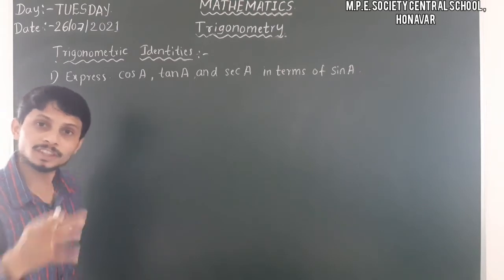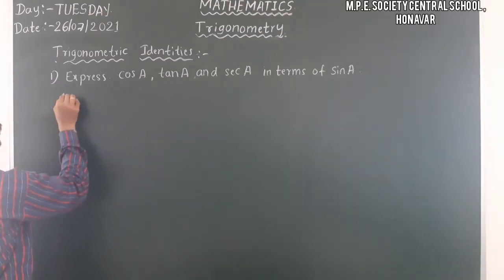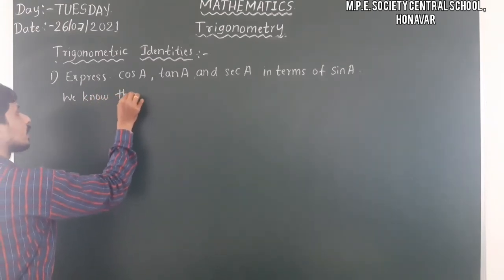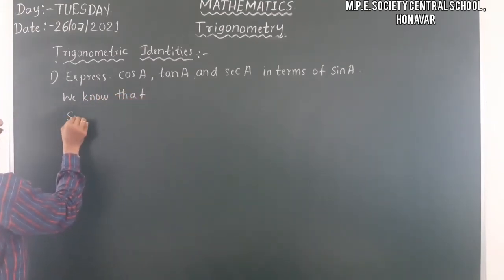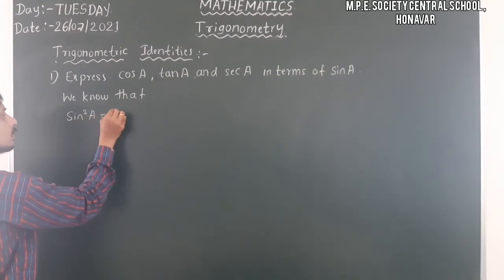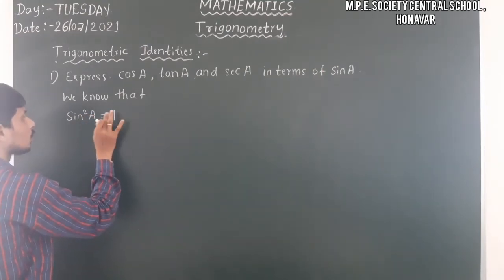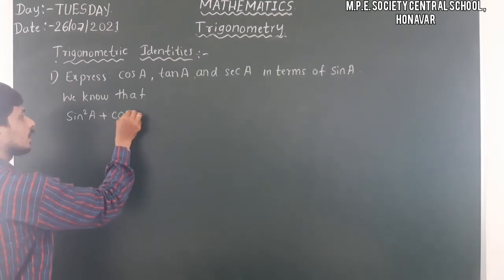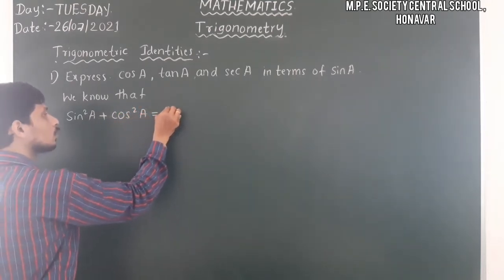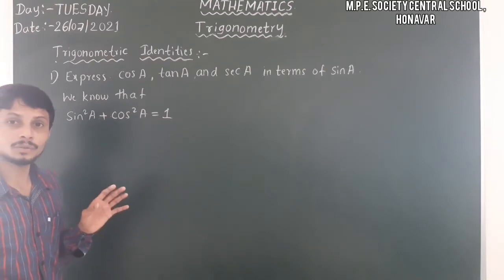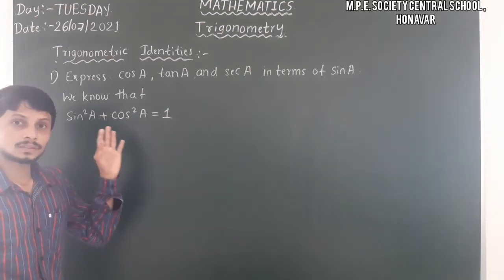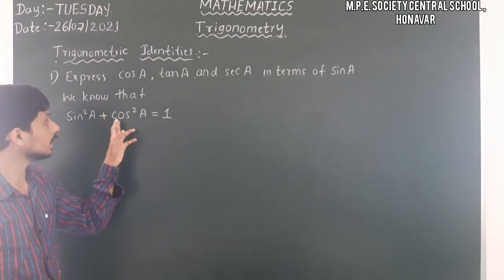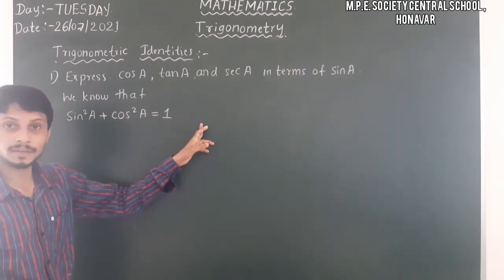We know that sin square A plus cos square A is equal to 1. We have to express cos A in terms of sin A.